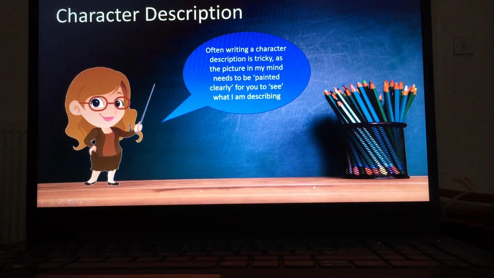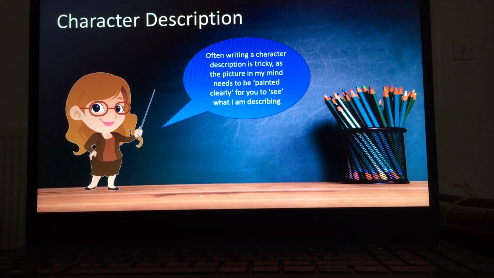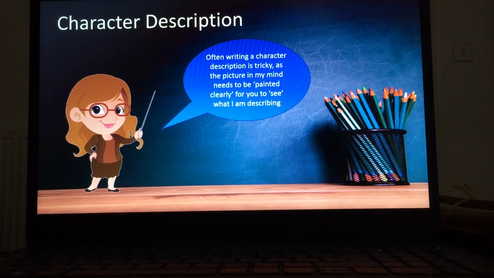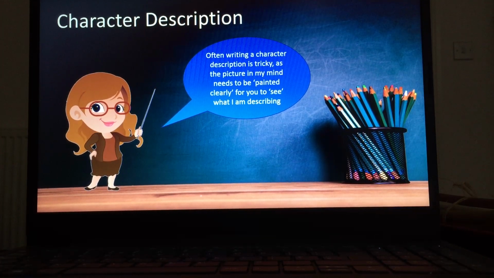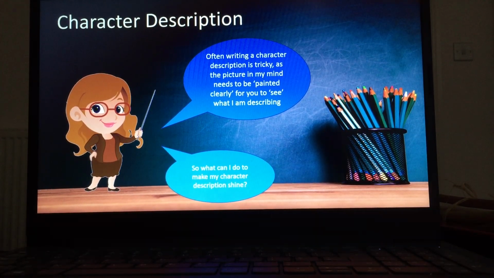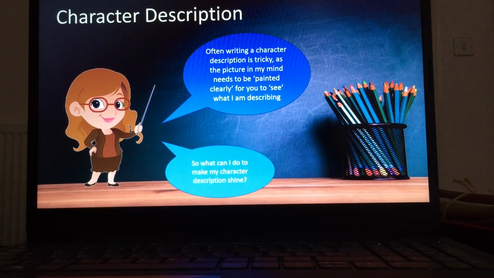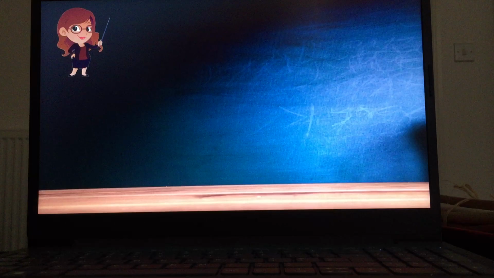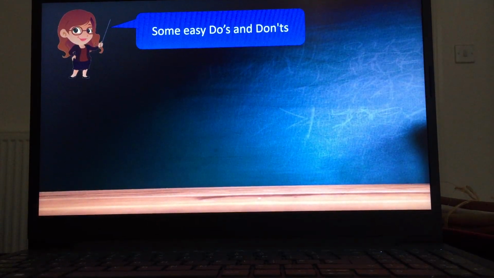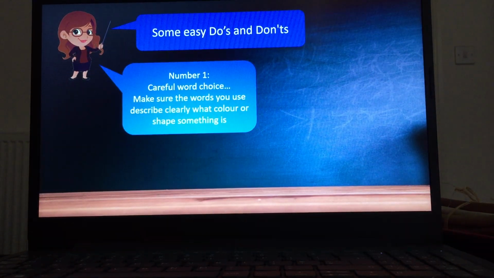Character description often can be tricky, as the picture that I have in my mind needs to be painted clearly for you to see what I am describing. So, what can I do to make my character description shine? Some easy do's and don'ts.